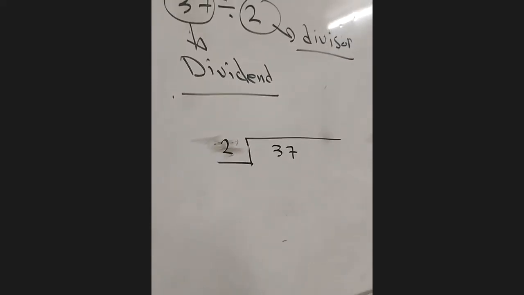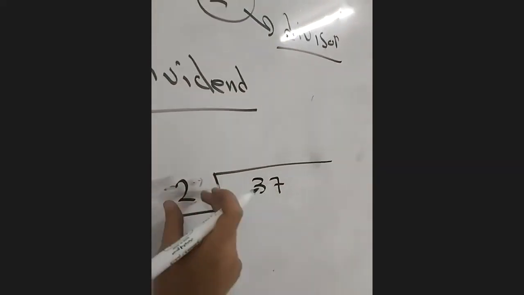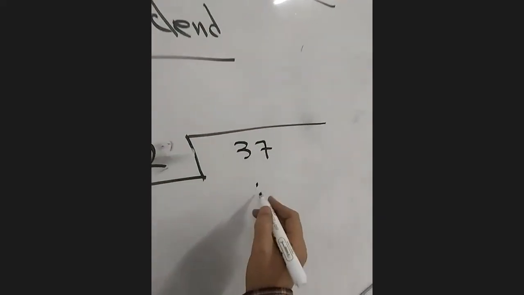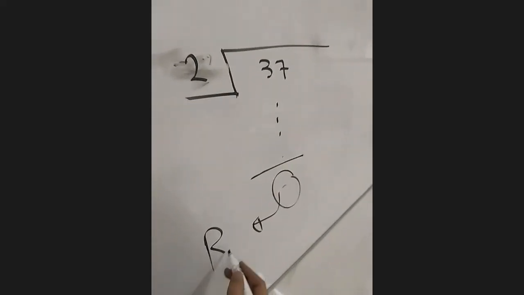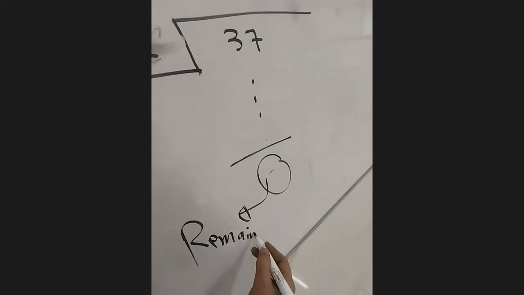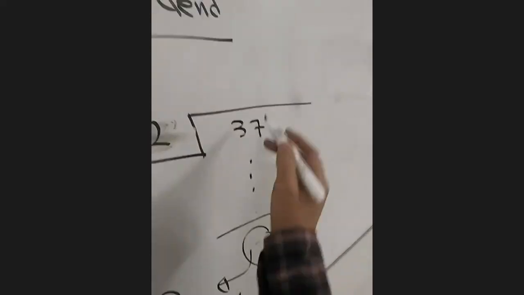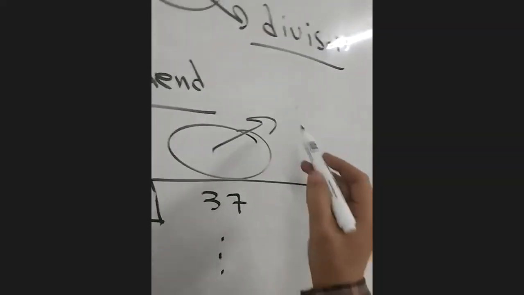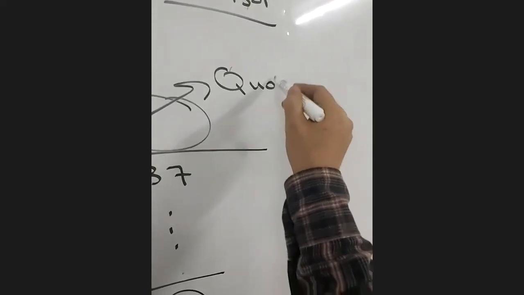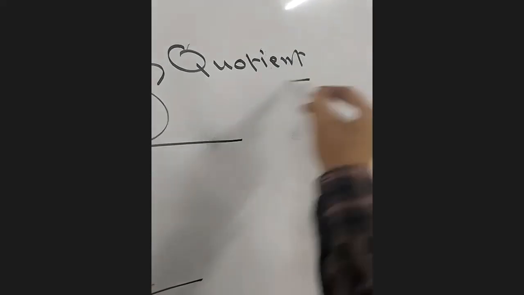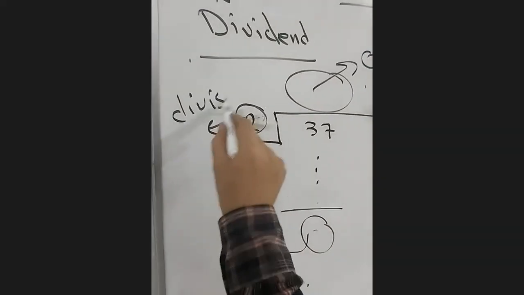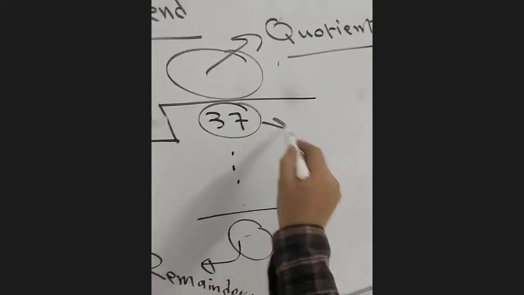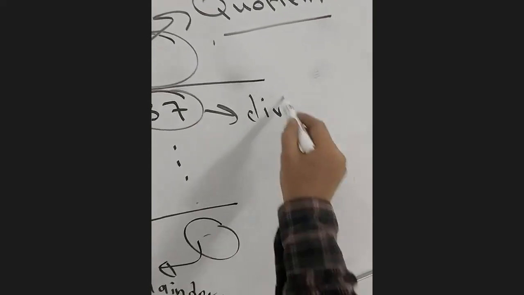Now, down, after we finish here, this we call remainder. And here, this we call quotient. Here we said divisor, and here we said dividend.